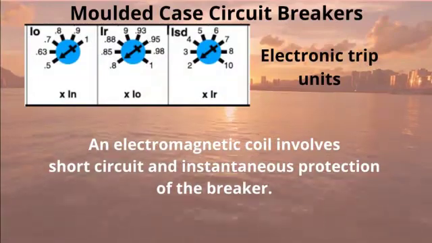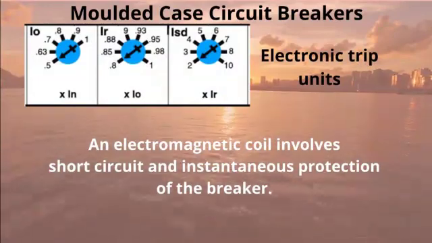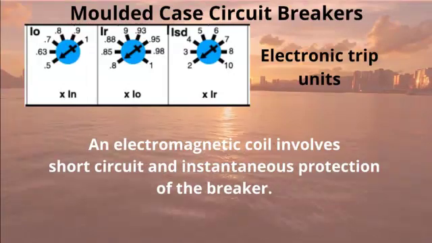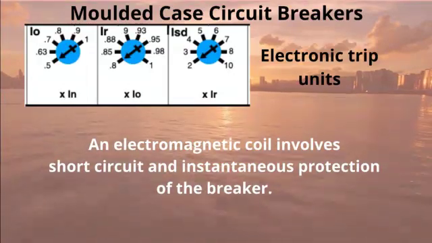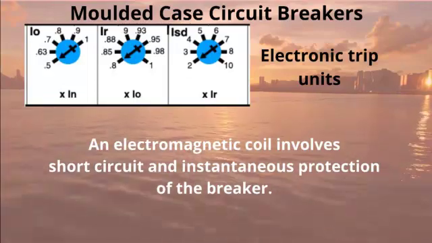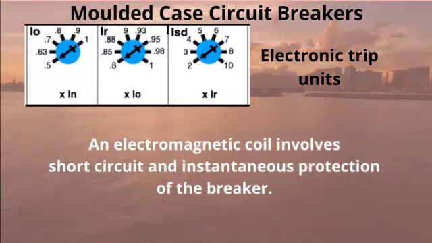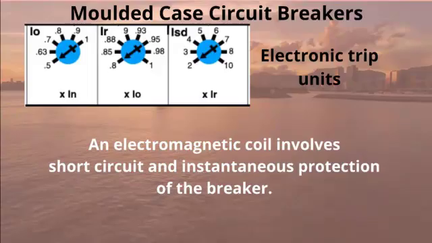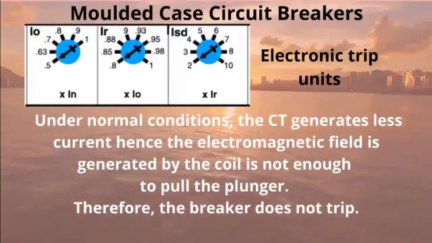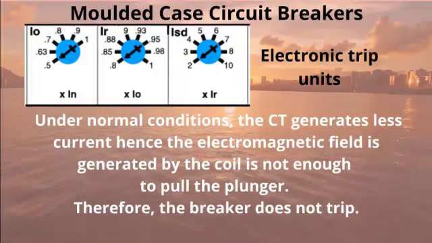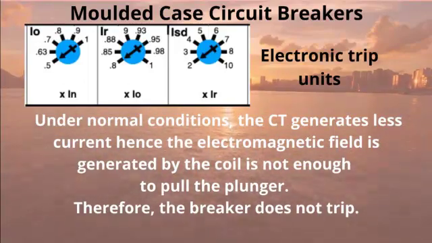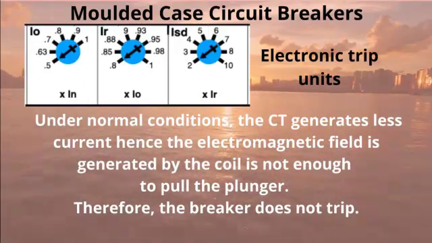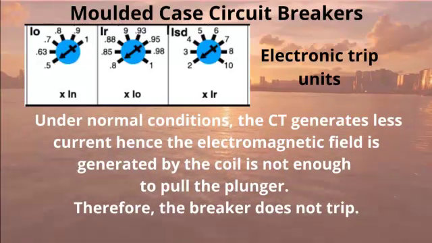Electronic trip units. An electromagnetic coil is involved in short circuit and instantaneous protection of the breaker. Under normal conditions, the CT generates less current, hence the electromagnetic field generated by the coil is not enough to pull the plunger.